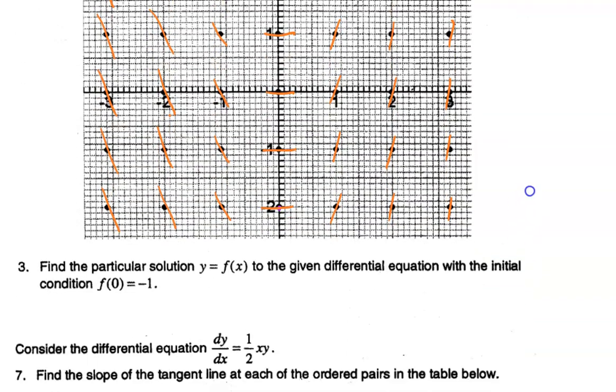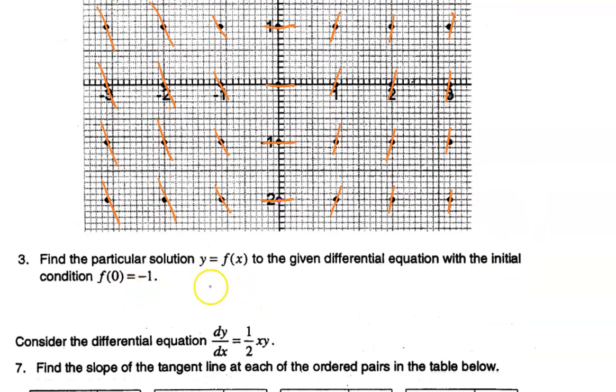Okay. All right, then this part down here says find the particular solution to the given differential equation with the initial condition f of 0 equals -1. This is stuff that we already did. We did this in 3.9. We already know that our differential equation has a general solution of y equals x squared plus c. I'm not going to work all that out because we've done this one a couple of times now.